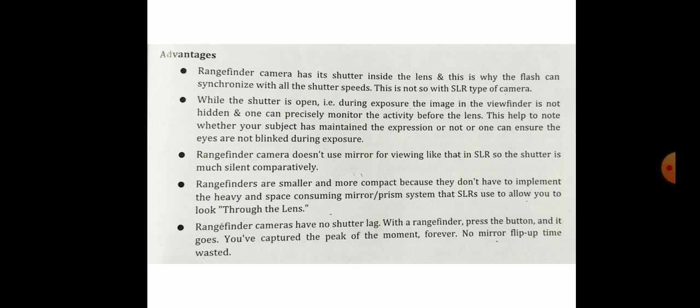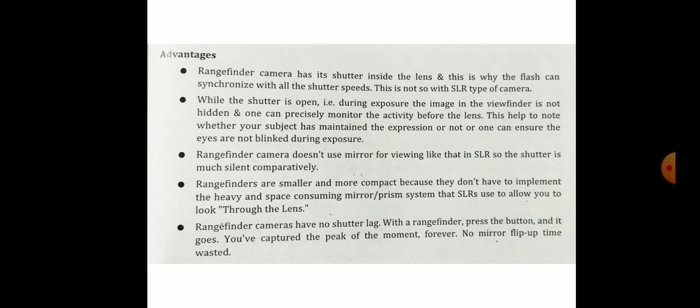A rangefinder camera doesn't use a mirror for viewing like in an SLR, so the shutter is comparatively much quieter. What happens in an SLR camera, we'll be discussing afterwards.